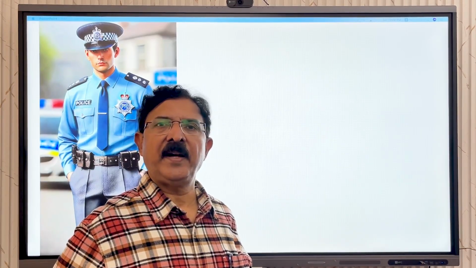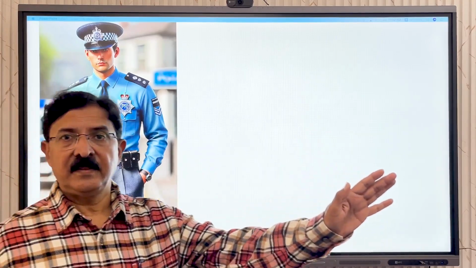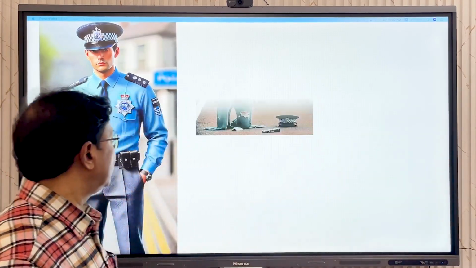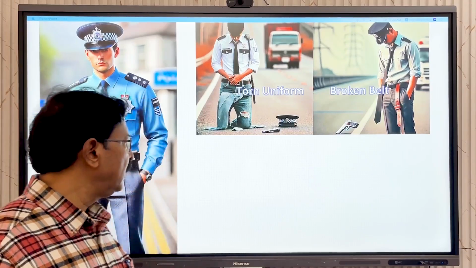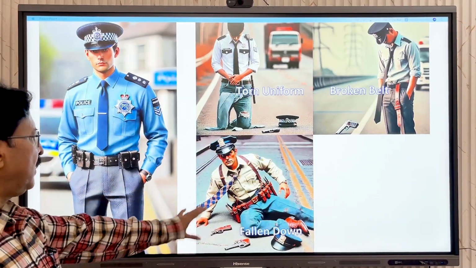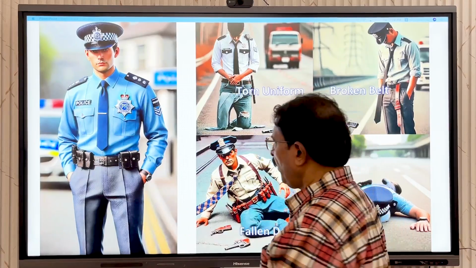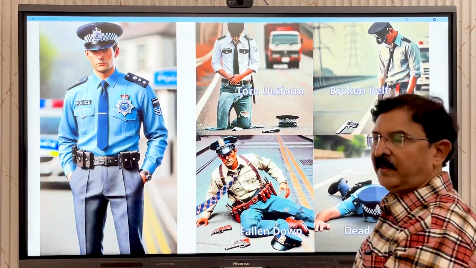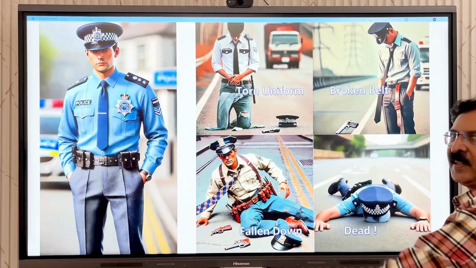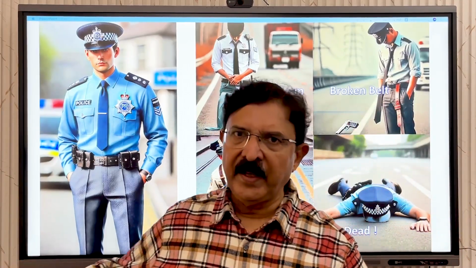Just there on the duty, it's fine. But when the policeman gets involved in a combat to fight against an attack, the uniform is torn, maybe the belt is broken, or he's fallen on the ground and his equipment thrown here and there, and he may even be dead. How do you identify a policeman who is not involved in a combat vis-a-vis the one who is involved in the combat? You follow this by looking at the appearance.